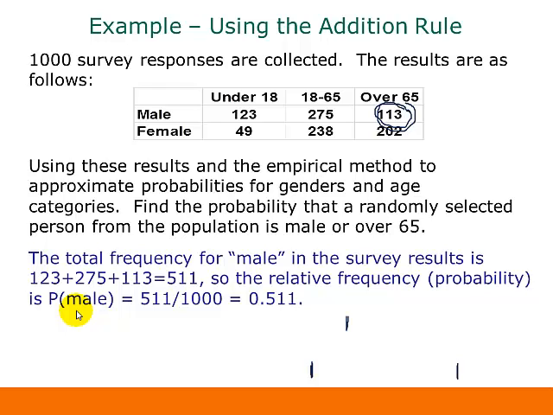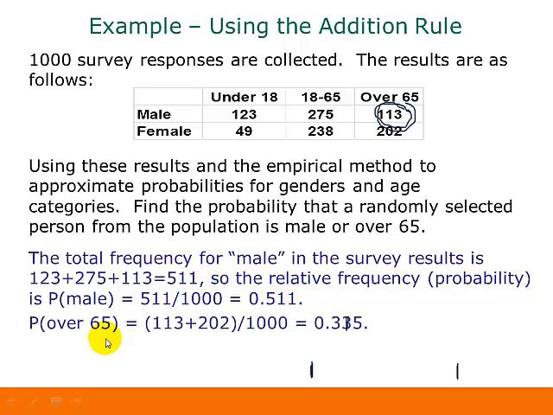The probability of selecting a male is 511 divided by the total frequency, which was 1,000. So it's 0.511. Now the probability of over 65, we're just taking the 2 over 65 categories and adding them together, dividing by our total frequency, which was 1,000, and we get 0.315.